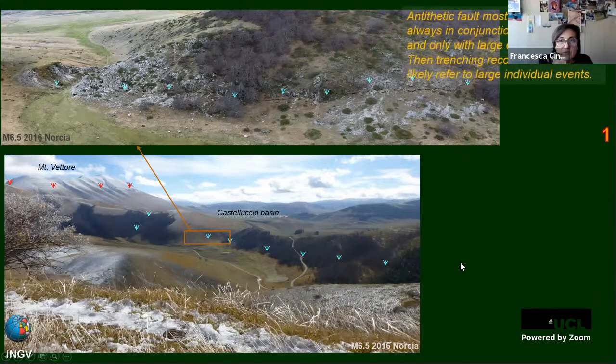What we can say is that the antithetic fault did not move during the 6.0 almost 2 months before, but moved with the 6.5. So the antithetic fault most probably moves always in conjunction with the main fault and only with large events. And then the trenching record on this fault likely refers to large individual events.